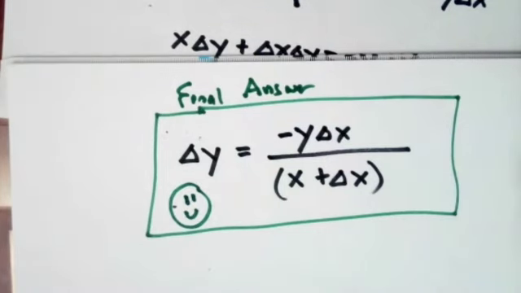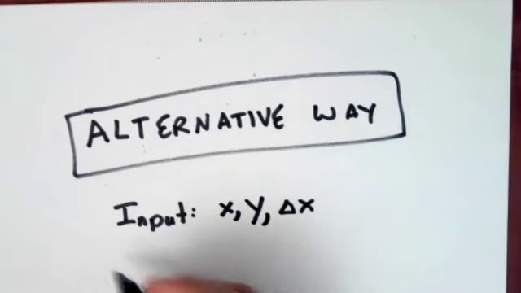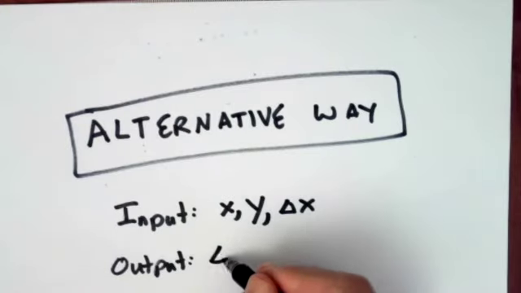There's an alternative solution method. Okay. In the alternative way, you still know the three: x, delta x, and y? We should think about our goal. We should know x, y, and delta x, and from that, we want to compute what the delta y would be.